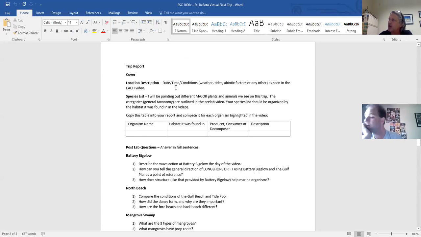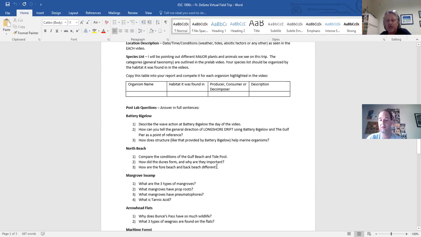You don't necessarily have to give the date and time because it's videotaped. That would be if we were there live. Just describe briefly the weather and any other abiotic factors that coincide with the area. The beach, obviously, abiotic factor would be the sand and the waves.